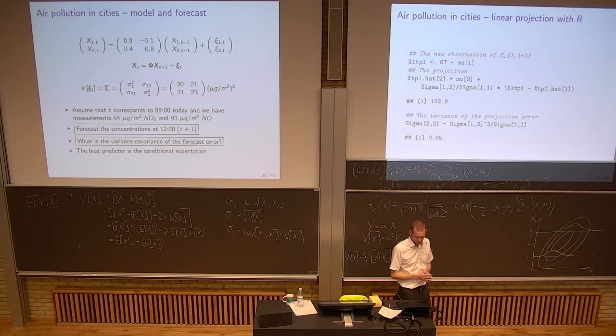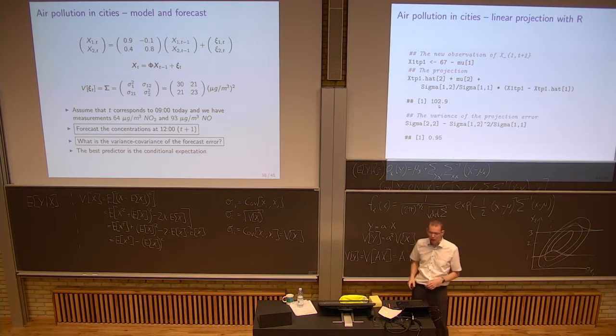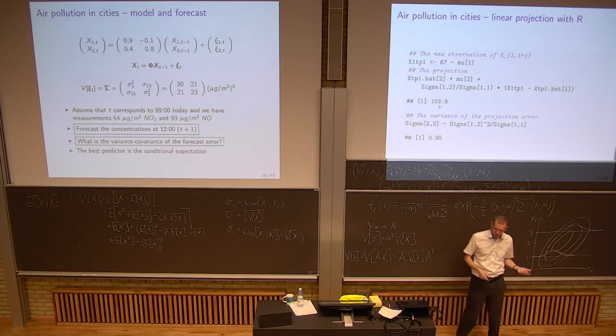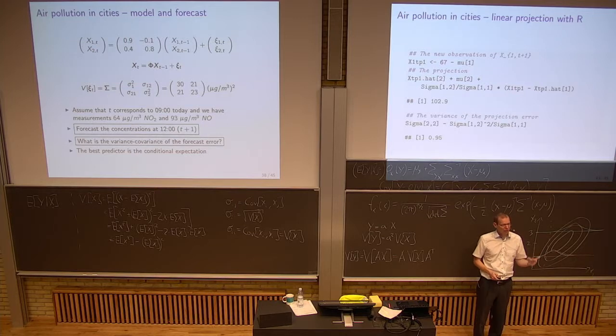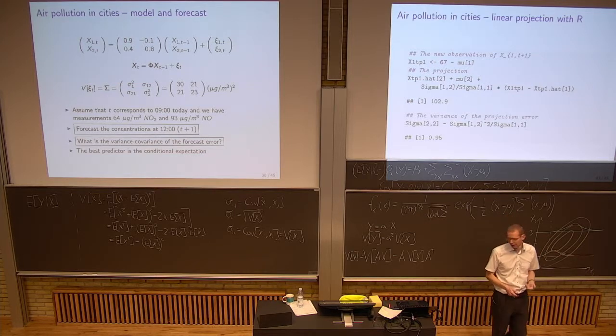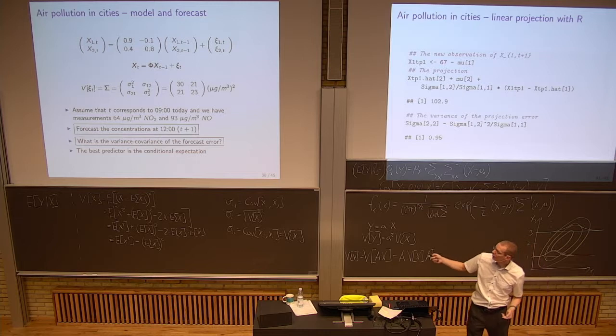And if you plug in the numbers, then you get a prediction that was not 90 something but 102.9, and the updated conditional estimate of the variance is 0.95. Remember, before doing this, our prediction was 23 for the covariance.